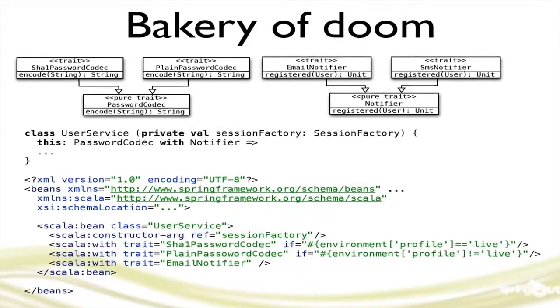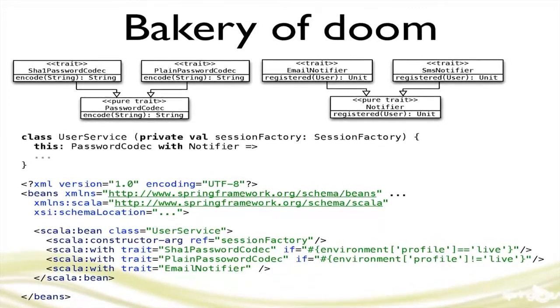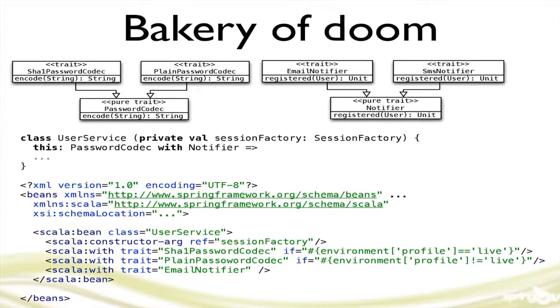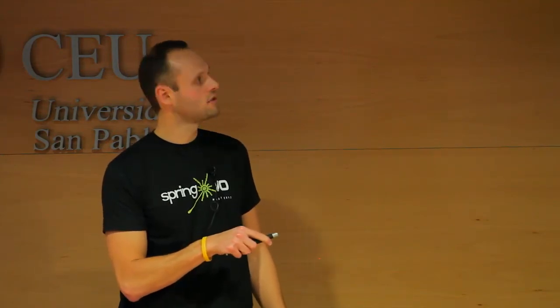And you can write code that looks like this. I can define a bean, a Scala bean, whose class is user service. So this is just like the old Spring bean. Give a constructor arg, no surprises. And this is interesting. I can then mix in any traits that I like. And I actually support spell expressions here as well.